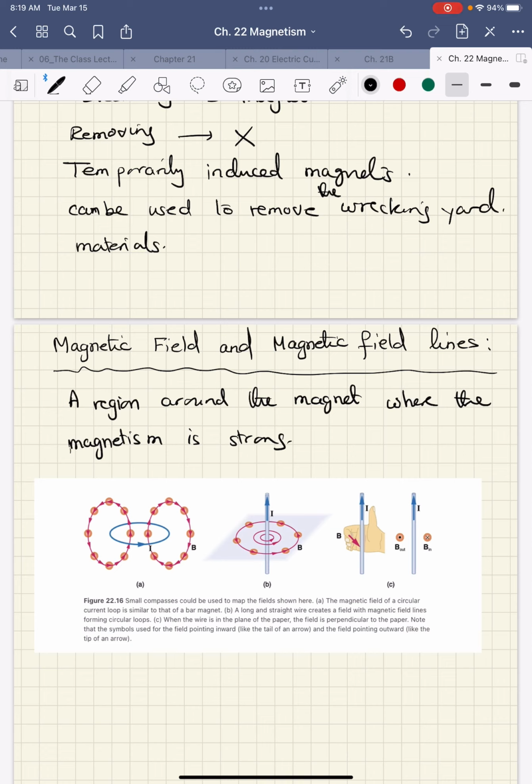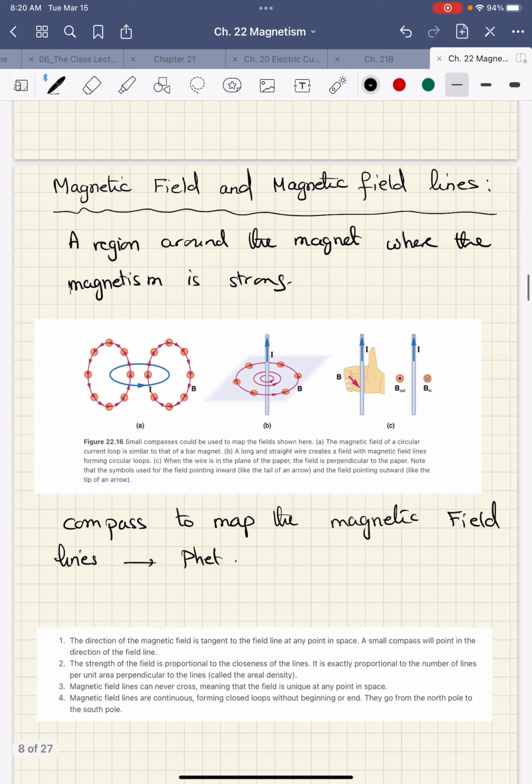We need to find what the direction is. One more thing we need to know is that I can use a compass to find the direction, to map the magnetic field lines, like I did in the PhET simulation.